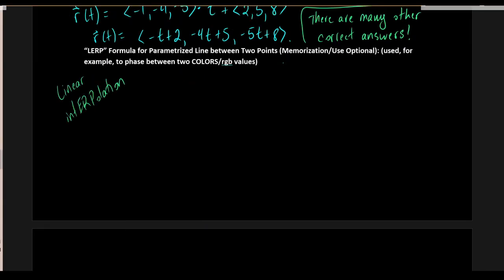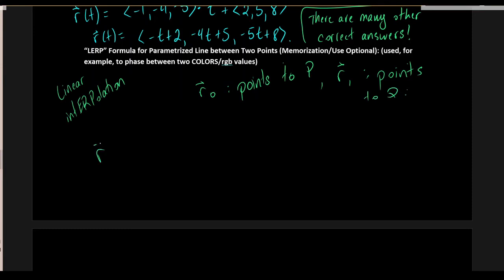So if you want to find a parameterization for a line passing between 2 points, let's take a vector R0, which points to one of the points that's given to you, let's call it P, and you have a vector R1, which points to the second point that you're given.